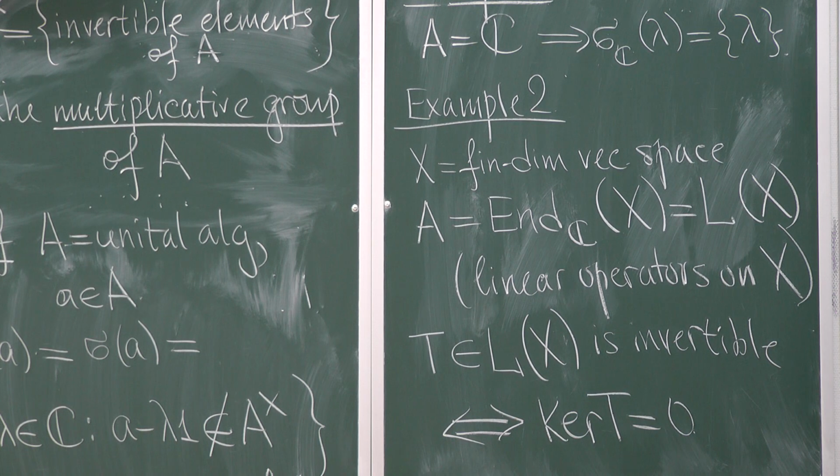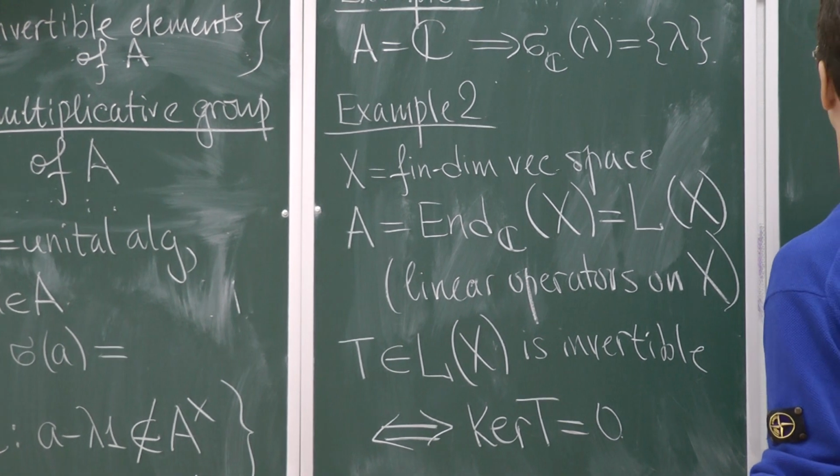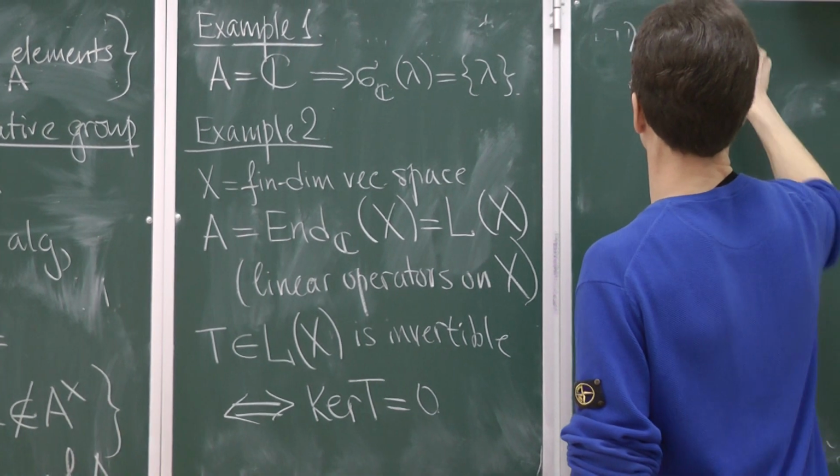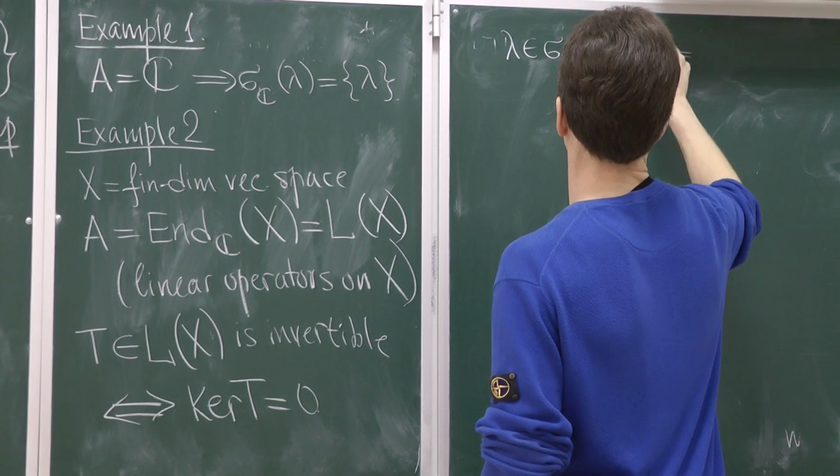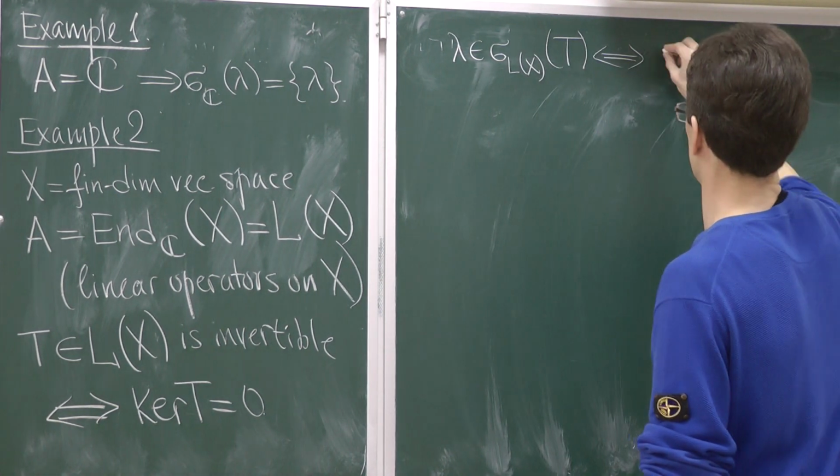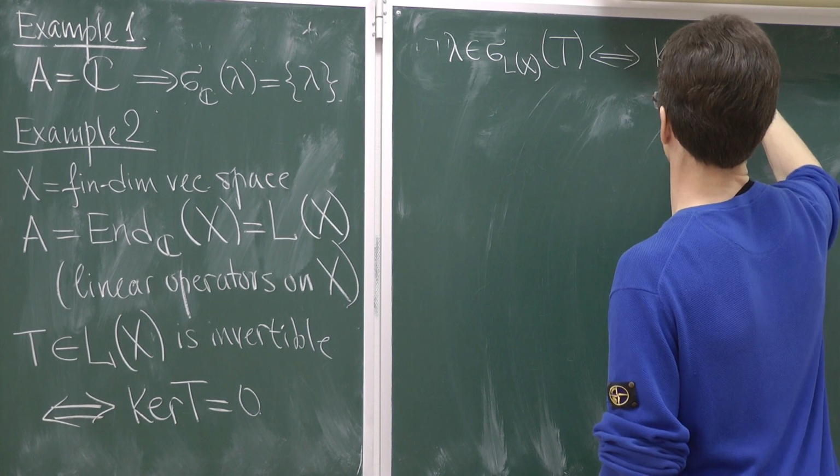Hence, we see that a complex number lambda is in the spectrum of T if and only if the kernel of T minus lambda is non-trivial.